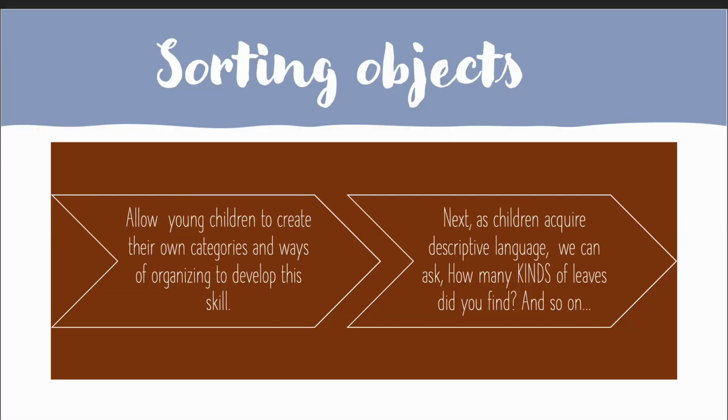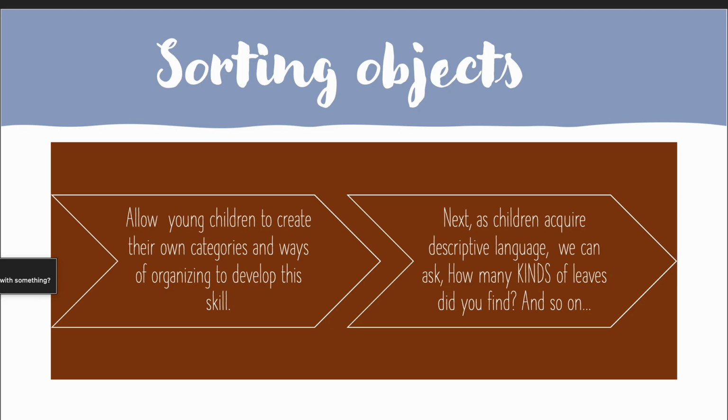And then sorting is a big part of math in early childhood, but we need to allow children to sort things based on their own categories. We can teach them categories later on, but we need to let them, if you are doing sorting and you have a big box of buttons and you have some little boxes that they can put the buttons in, it's not yet appropriate to go and say, well, that button really wouldn't go there because it's blue and all the other buttons are black in this box.